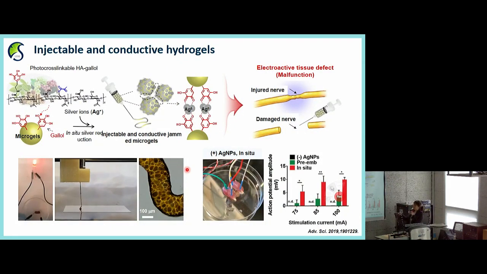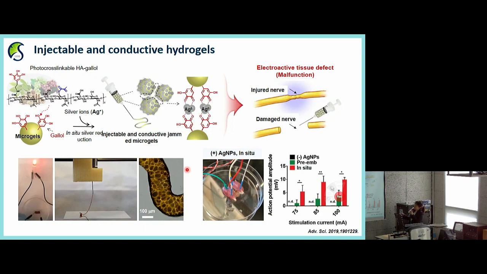In my postdoc work, we developed many conductive hydrogels based on hyaluronic acid. Hyaluronic acid is a representative biocompatible polymer, so I think you have already heard about it. It is a representative filler material for our skin.